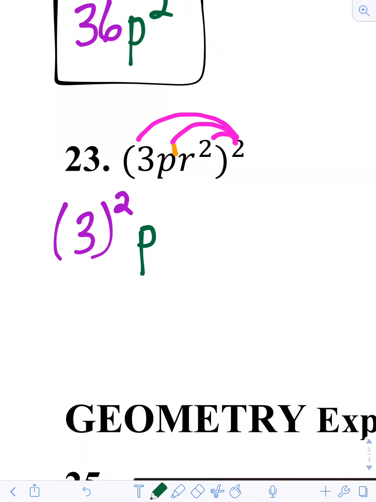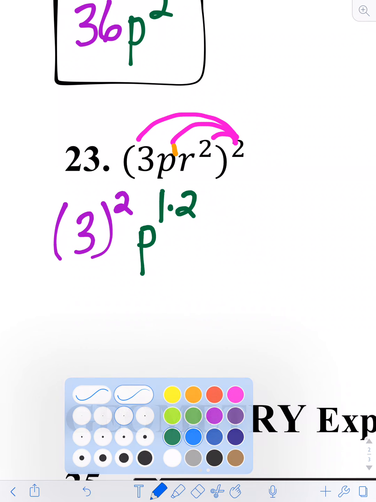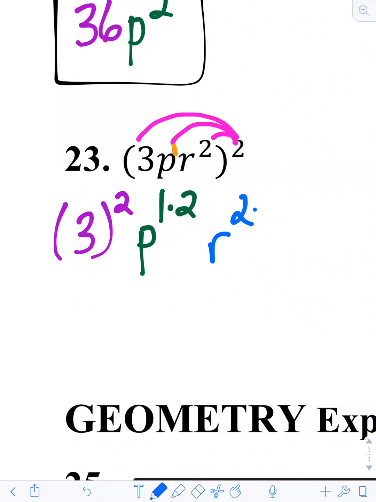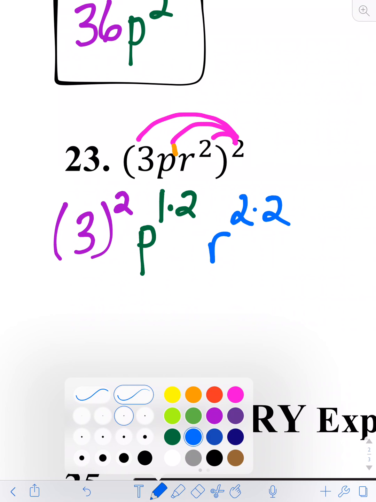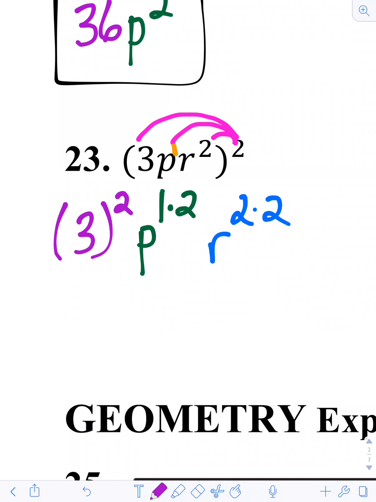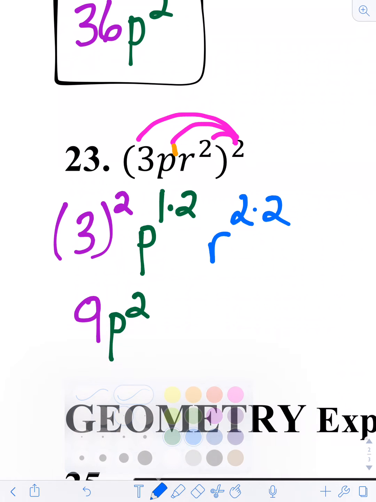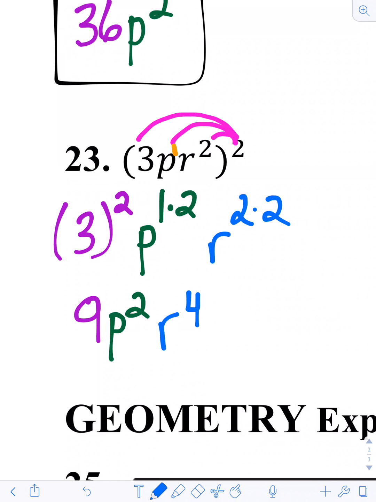Power to the power, you multiply. And then we have r, 2 times 2. Power to the power, you multiply. Okay? So 3 squared is 9. For my p, 1 times 2 is 2. For my r, 2 times 2 is 4.